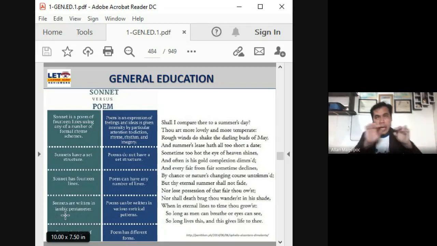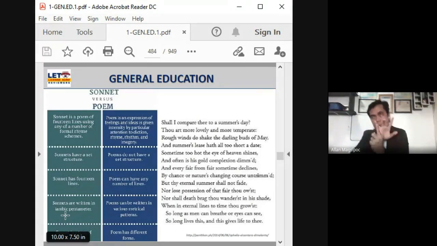Ang line ng poem ay may 10 syllables, in which each pair of syllables, meaning 5 pairs, kaya siya pentameter. Ang isang pair ng syllables ay tinatawag na iamb. Ang sound ng iamb ay unstressed, stressed.